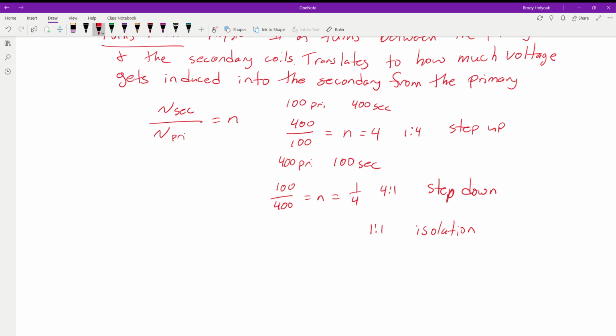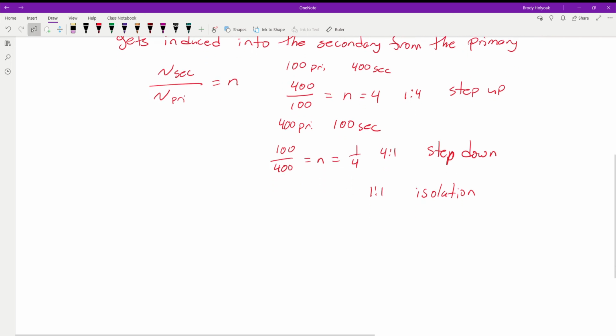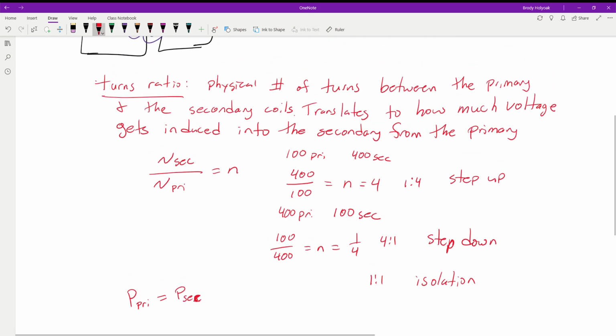One of the things in a transformer is that the power is going to stay the same. The power that we produce in our primary, and I am dyslexic, has to equal the power of our secondary. So if we have 1 volt and we're flowing 1 amp, that gives us 1 watt of power.